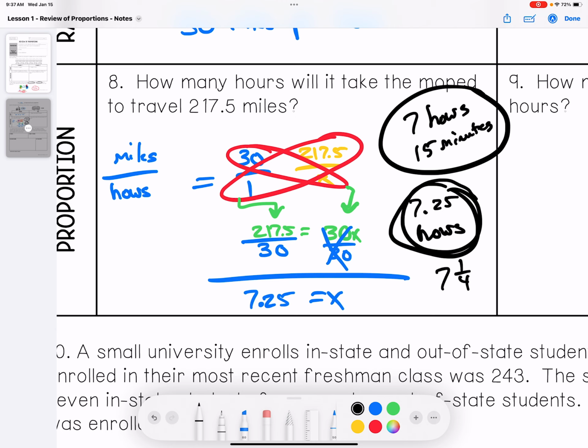How do I know 0.25 of an hour is 15 minutes? Because I know 25 is 1/4 of 100. So the fraction form of that is 1/4. And I know I can divide 60 minutes into 4 parts that are 15 minutes. So it is 7.25, 7 1/4, or 7 hours, 15 minutes.